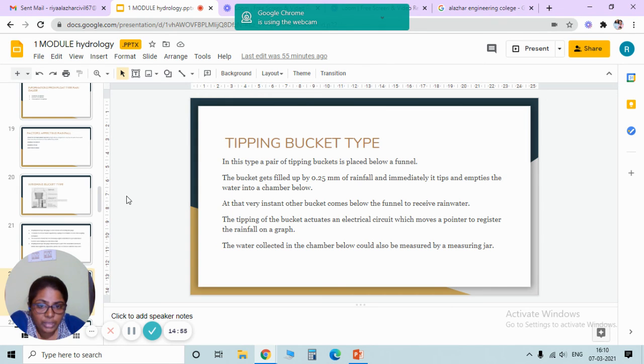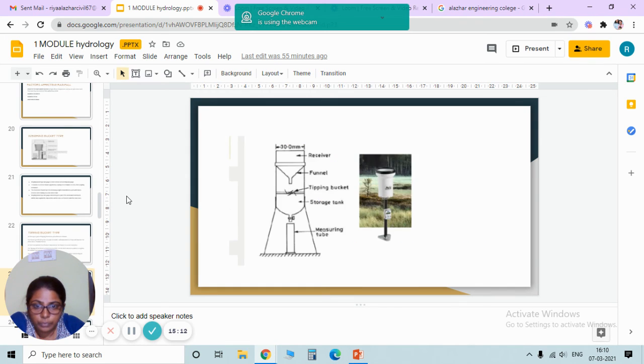At that very instant the other bucket comes below the funnel to receive the rainwater. The tipping of the bucket activates an electrical circuit which moves a pointer to register the rainfall on a graph, and the water collected in the chamber below could also be measured by a measuring jar.